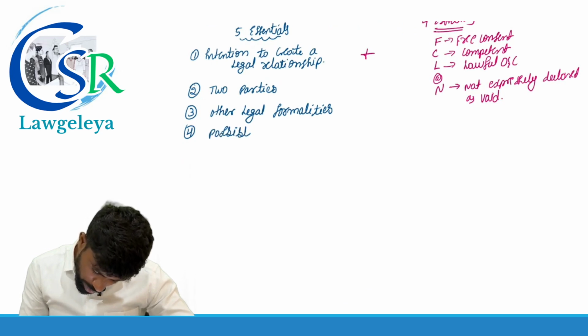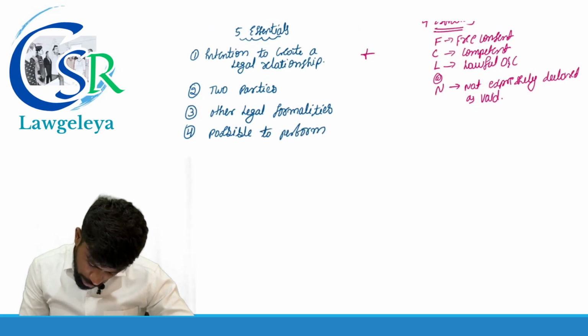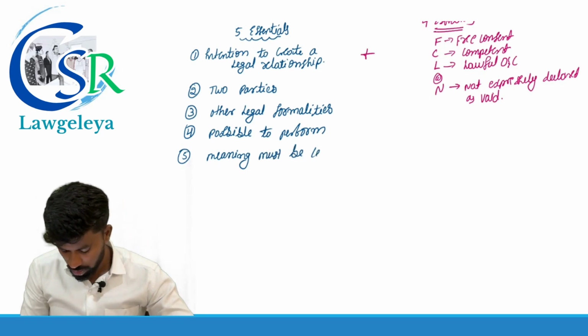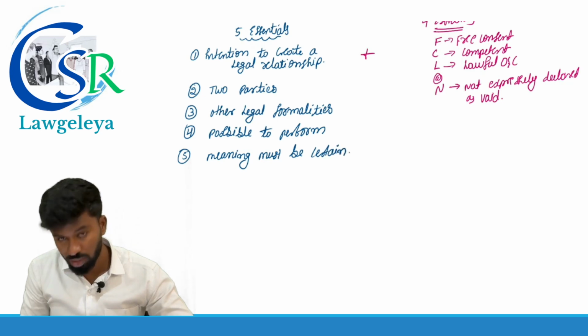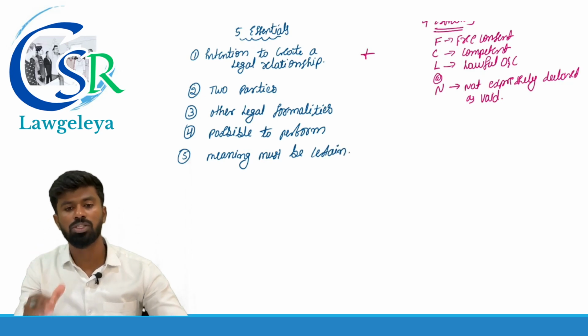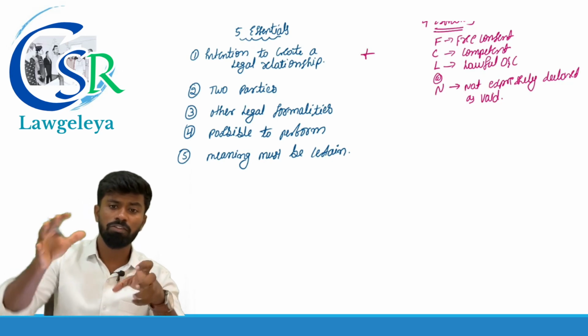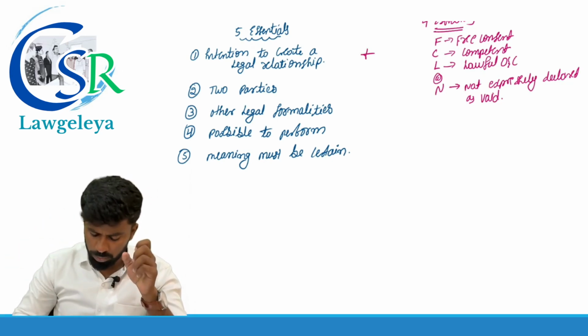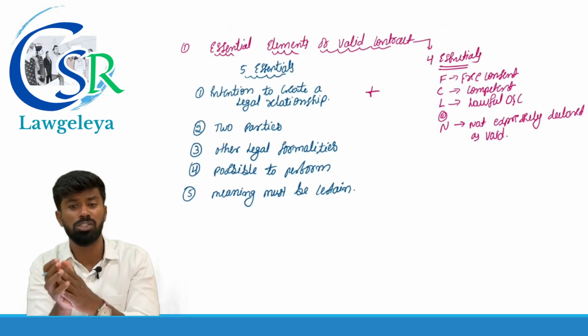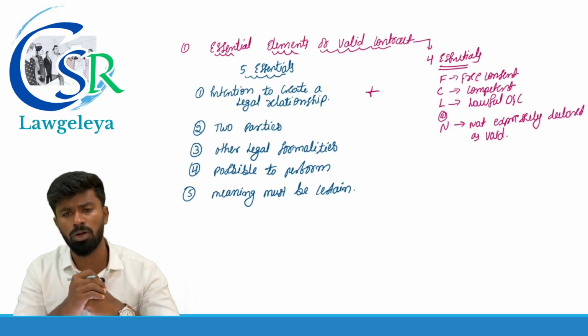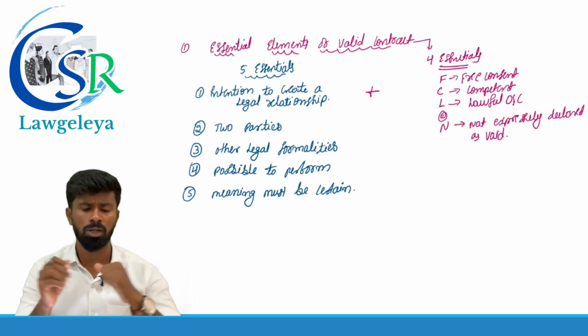Agreement must be possible to perform. Impossible to perform, not enforceable by law. And the fifth one is meaning must be certain. Nothing but the terms and conditions of the agreement must be certain and clear. So these are the 5 essentials which are to be satisfied along with the 4 essential elements which are given in the Indian Contract Act 1872.